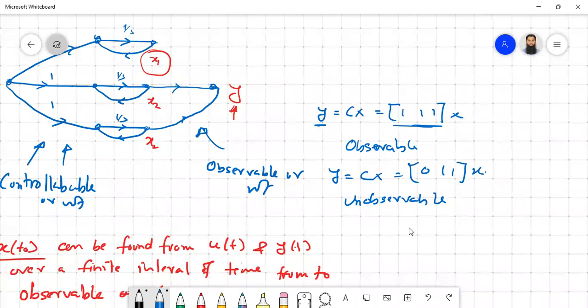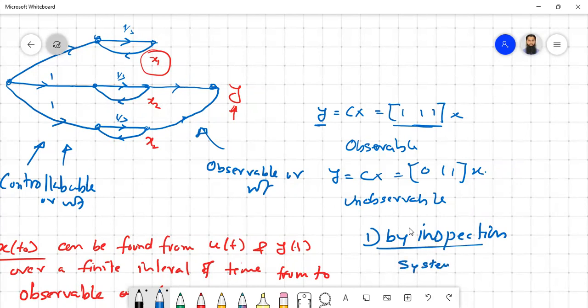So this is observability by inspection. The first method, similar to controllability, is by inspection. But the difficulty is the same as before: the system has to be diagonalized.